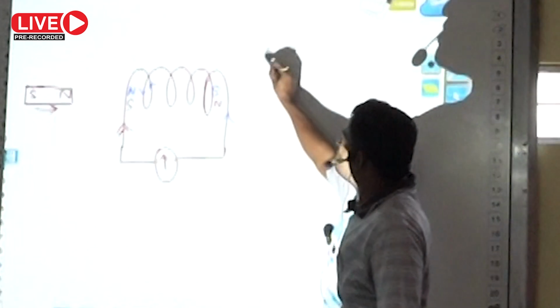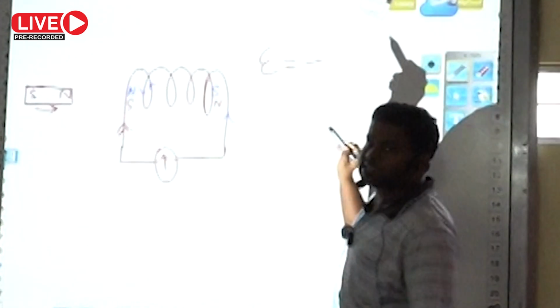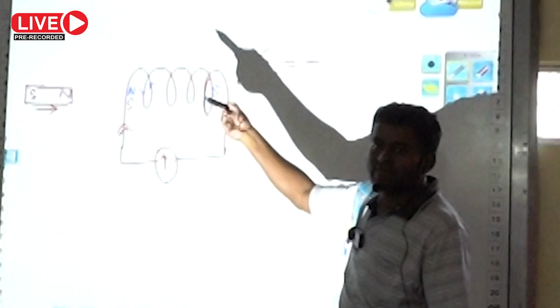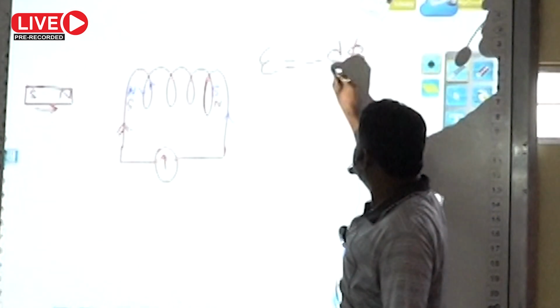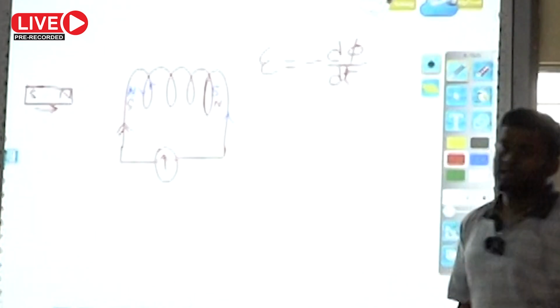So together with Lenz law and Faraday's law, taking together, I can write E equal to minus d phi dt. This minus sign comes from Lenz law, because it opposes the movement. E equal to minus d phi dt.